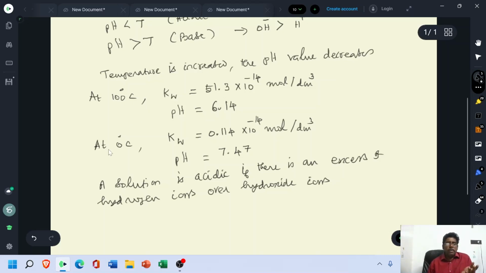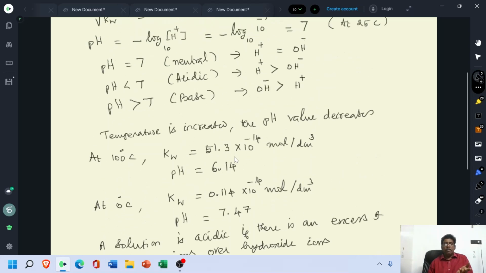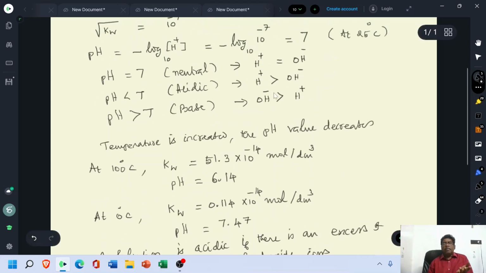If you consider 0 degrees Celsius, the pH value is increased to 7.47. At this stage also we cannot call this one as a base, because for a base the number of hydroxide ions should be greater than the number of hydrogen ions.